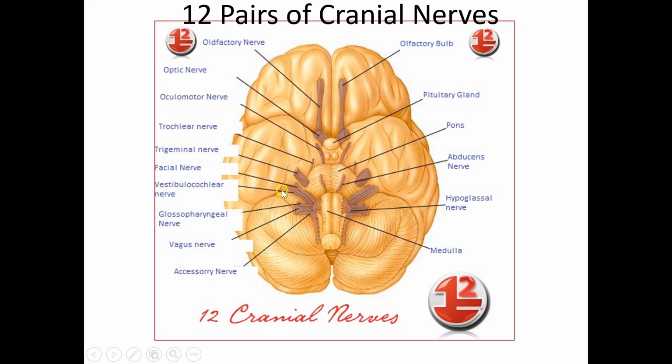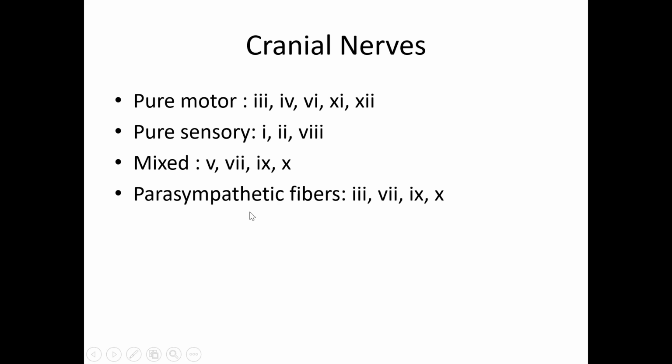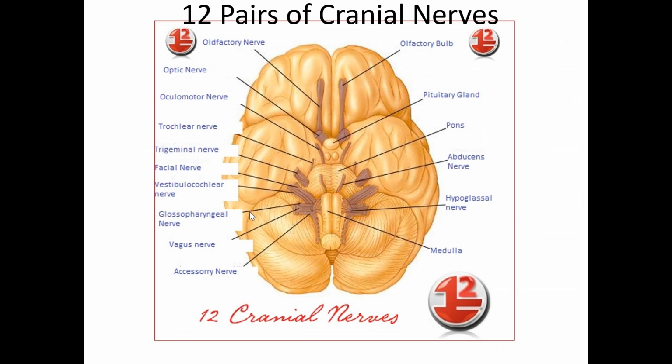In addition to that, we have the glossopharyngeal nerve that also has mixed components. And the 10th cranial nerve, also a very large cranial nerve, is called the vagus nerve. Here you will see the vagus nerve. It also has mixed fibers of sensory and motor nerves.